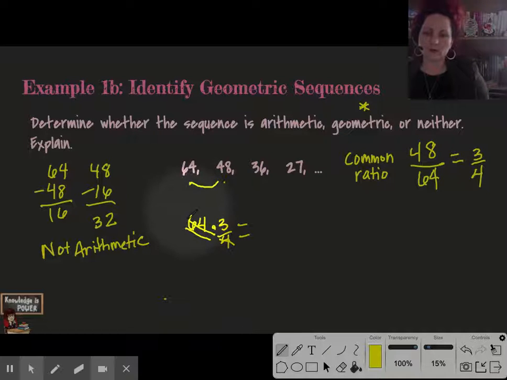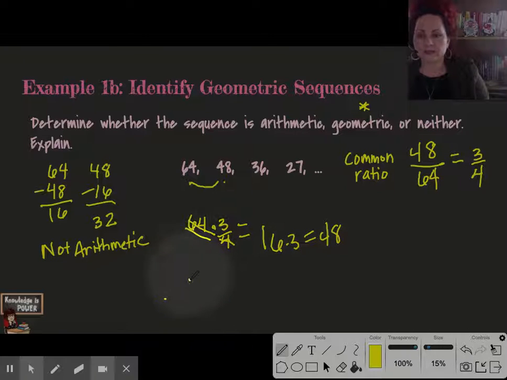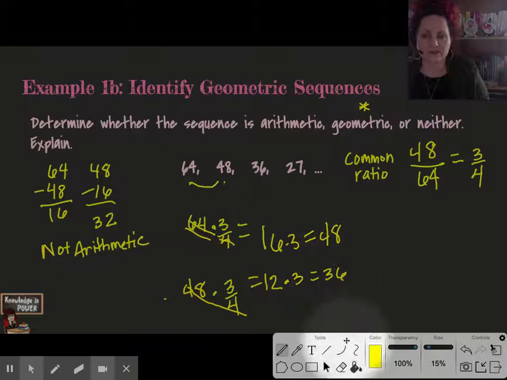That's 16, and then 16 times 3, which is equal to 48. Yay. Okay, and let's see if we do it again. We had 48 times 3/4. So 4 goes into 48 12 times. 12 times 3 is 36. Beautiful. So it's looking like it works.